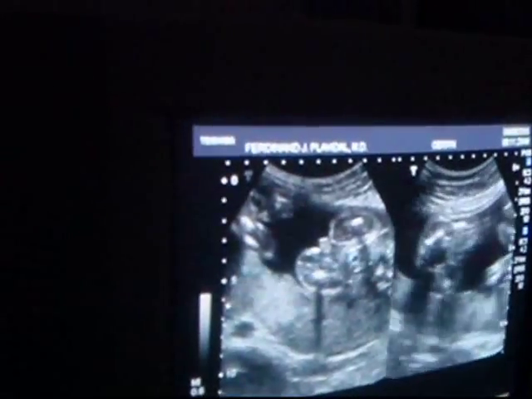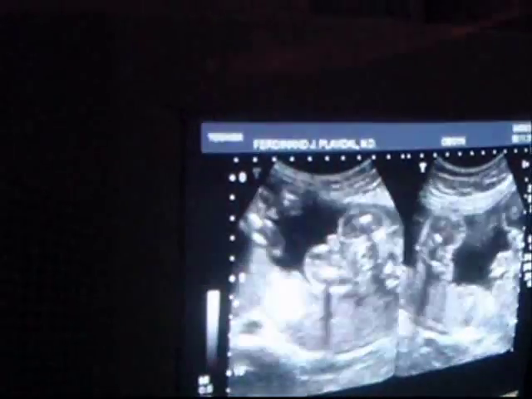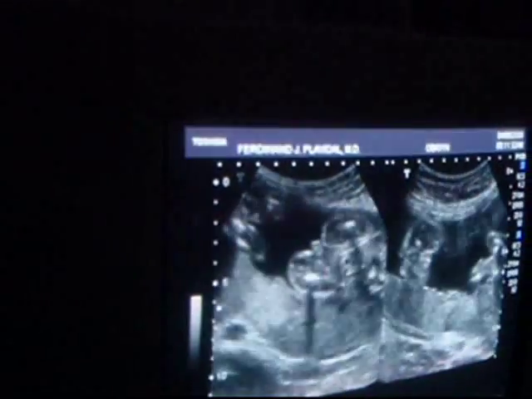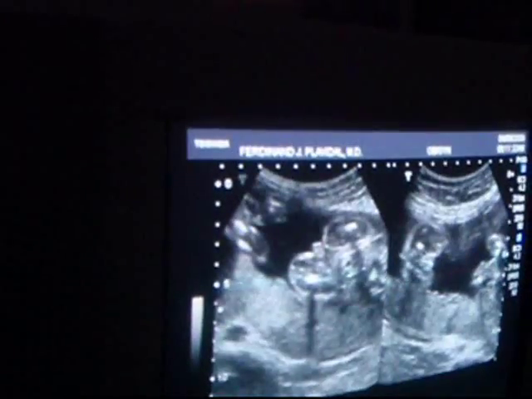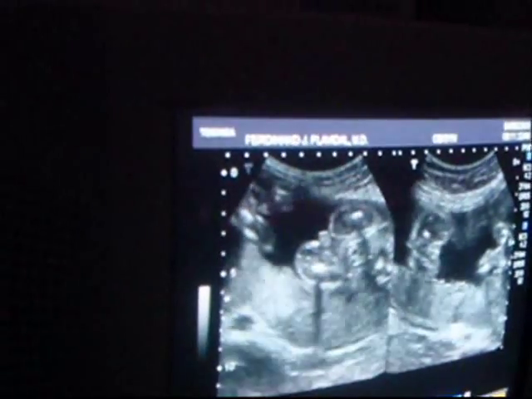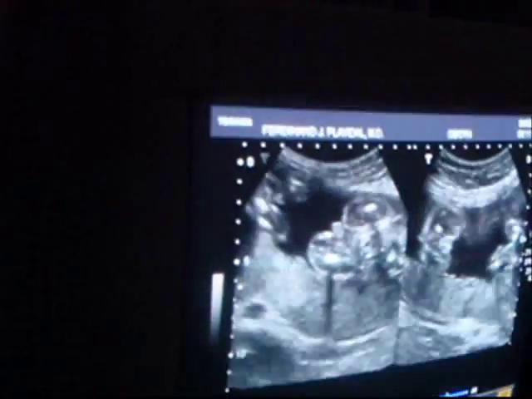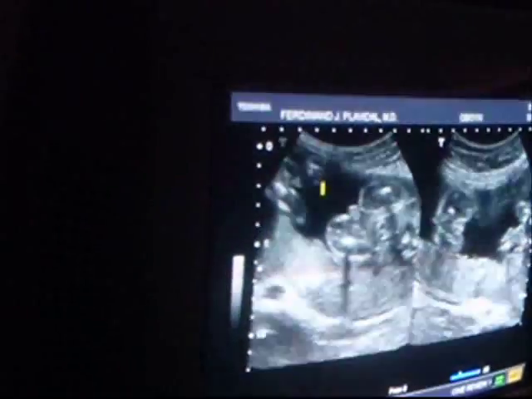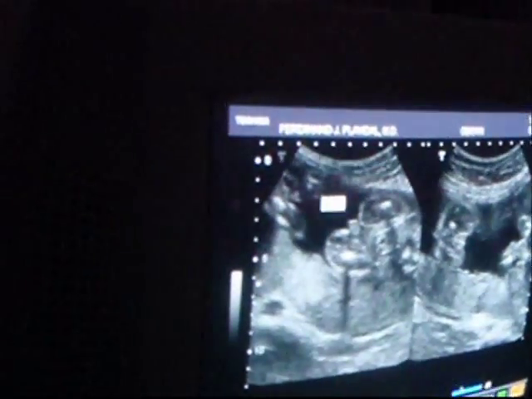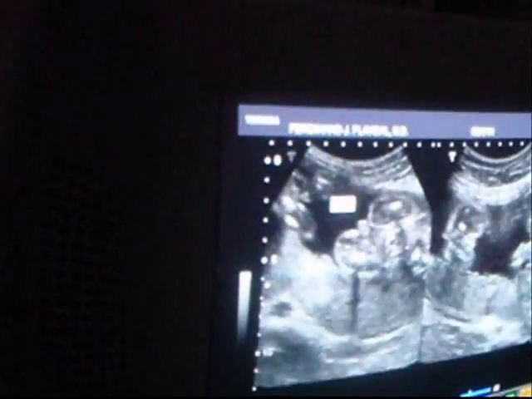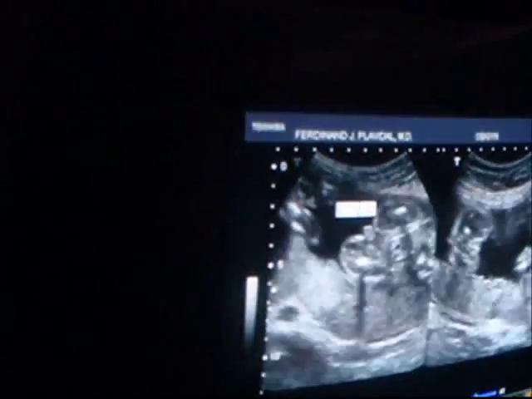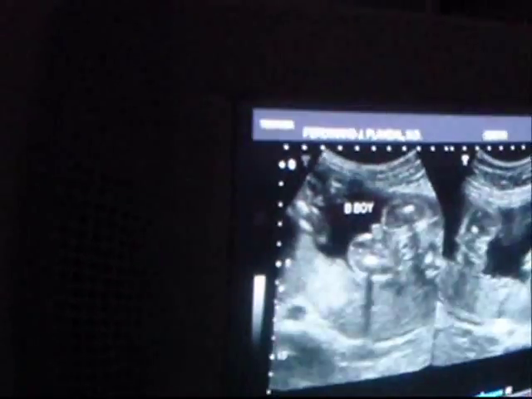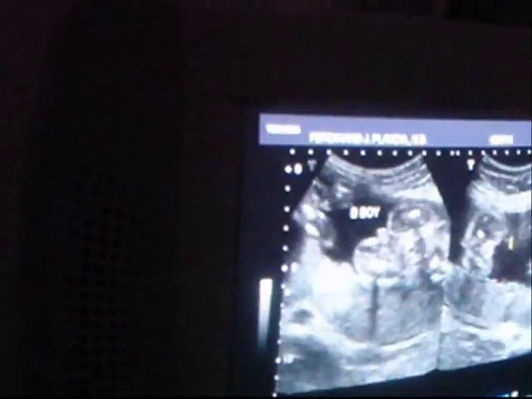Okay, we're seeing pretty good here, and we'll split the screen, go over here, and swing over to the other one. And again, you can see the differences here. Something sitting here between the legs. These are labial folds right there. That's girl stuff. Okay, so just because it's what I'm doing today, we'll put B over here on the left, and this is a boy, and then we'll set that, and then we'll put the label back on, and we'll go over here.